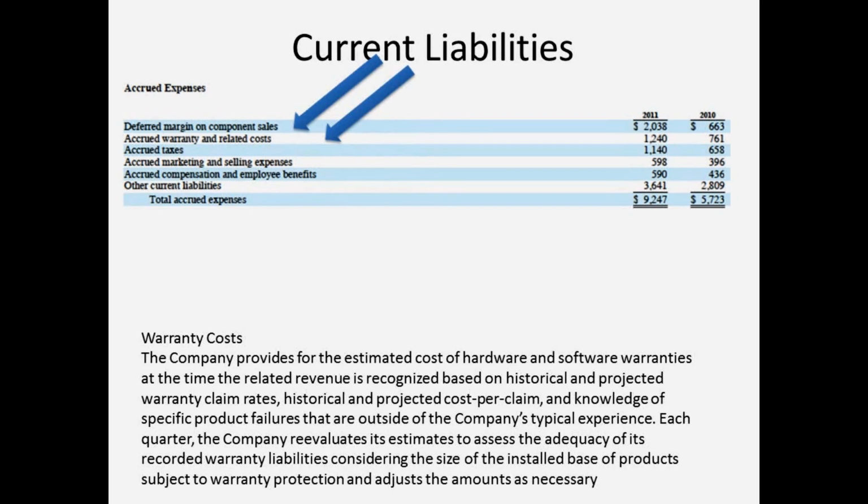Like, are we definitely going to end up shelling out 1,240,000 in warranty costs? No, right? This is our best guess. Could be that nobody's computers break, then we have no expense. Could be that twice as many as we expected break, and we have a much more significant expense.